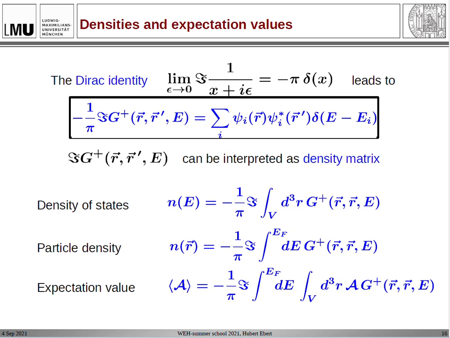We sum over all states. We have the eigenfunctions and the eigenvalues showing up in the delta. And with this expression, it's immediately visible that we get the density of states from the imaginary part of the Green's function for r equal r prime and integrate it over the volume.